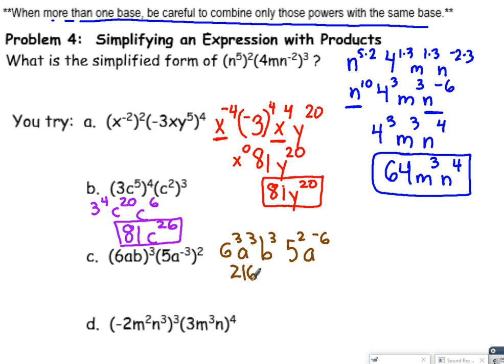I'm going to combine my a's to get a to the negative 3, b cubed, and 5 squared is 25. I now have to multiply 216 and 25 to get 5,400. My a to the negative 3 needs to move to the denominator and become positive a cubed. My b cubed stays where it is in the numerator.